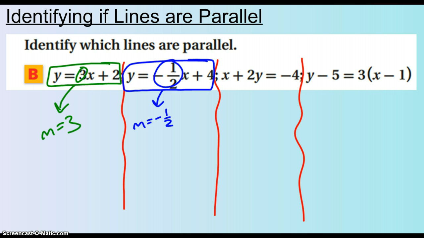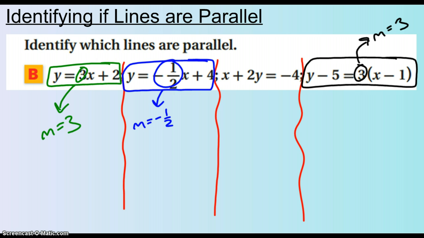Okay, so we have to manipulate these last two here to see. If we notice, I'm going to jump to the last one. This particular equation is in point slope form, meaning I do have a slope of 3. So it's tempting to say that the first equation and the last equation are parallel. They do have the same slope, but let's just do a quick little manipulation here. Let's solve for y, just kind of like we've been doing recently.